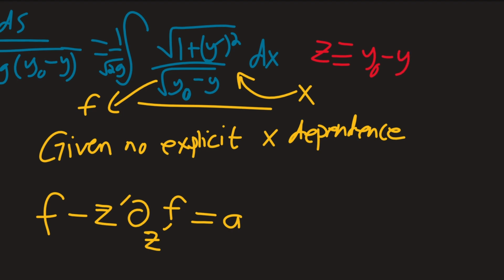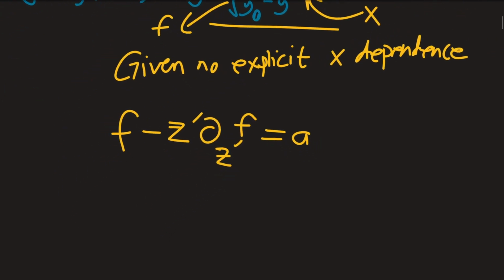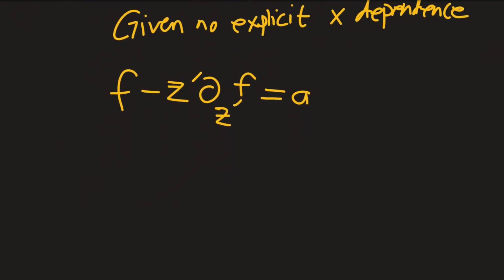And you'll notice that this doesn't change the top part of our integral because, well, if you take the derivative with respect to x here, you're going to get negative y prime, but then if you square it, the negative goes away, so it really doesn't matter. But anyway, this basically makes our integral right here that we're supposed to be minimizing the integral of the square root of 1 plus z prime squared dx over the square root of z.